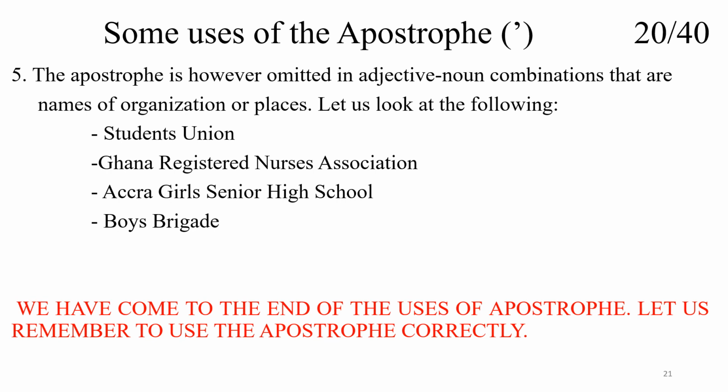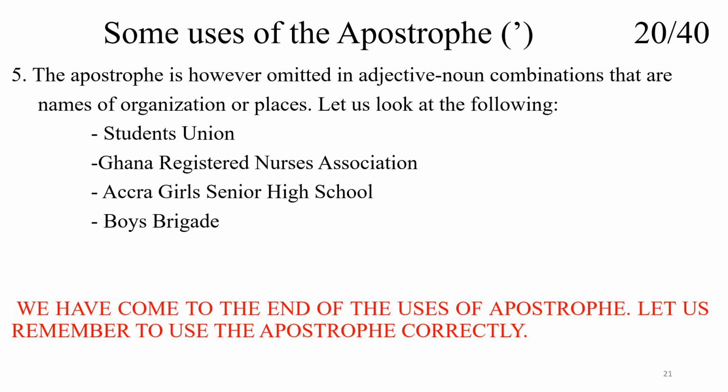But then look at this issue closely. The apostrophe is omitted in adjective noun combinations that are names of organizations or places. What do we mean here? Look at these names of unions that we have here. Students Union.